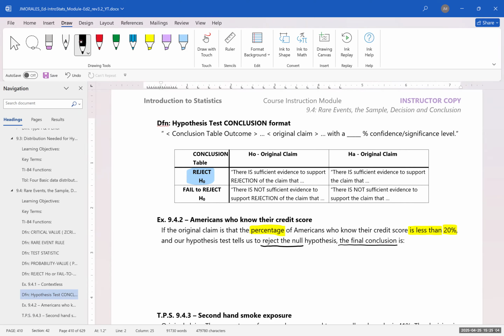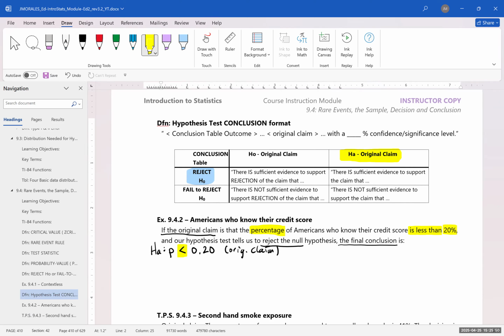Because this inequality does not have an equals in it, that is going to be our alternate hypothesis. So the alternate hypothesis is our original claim.